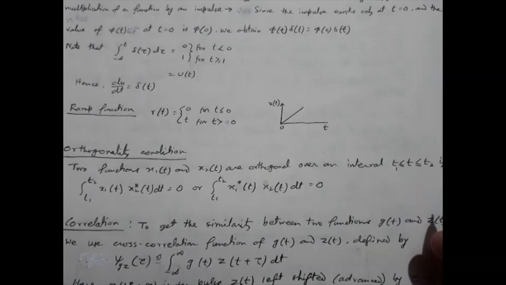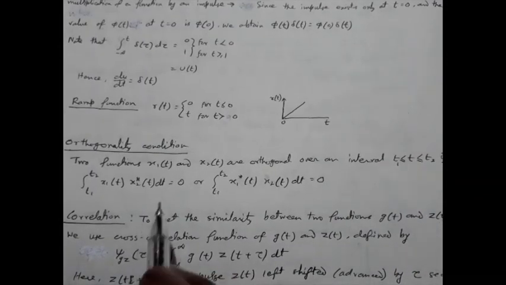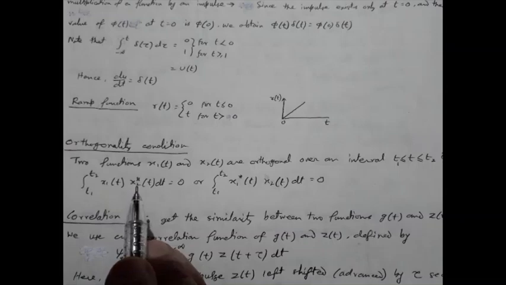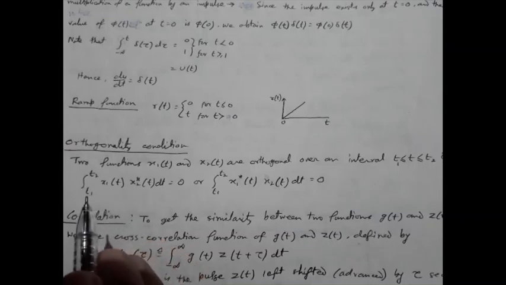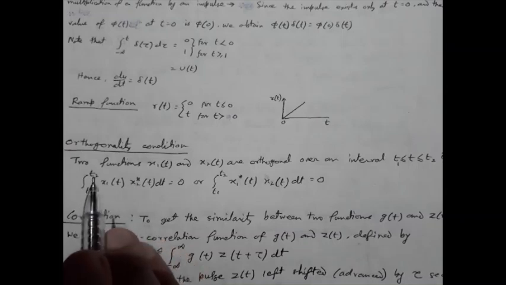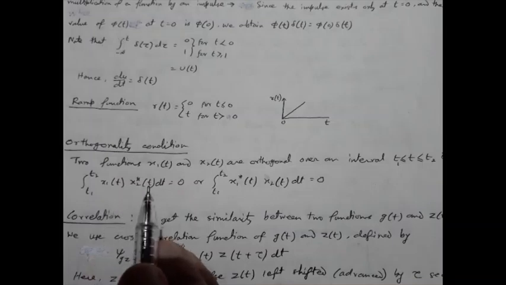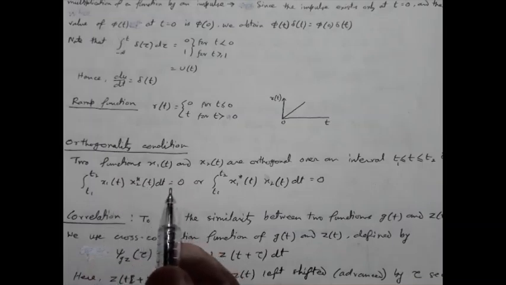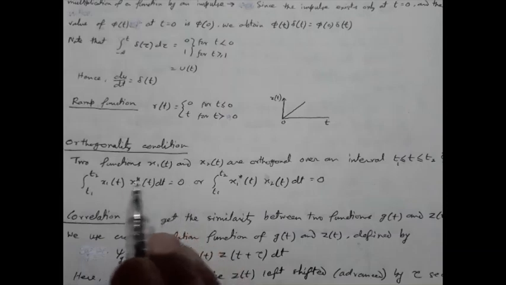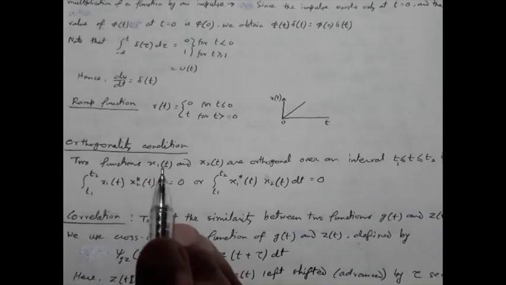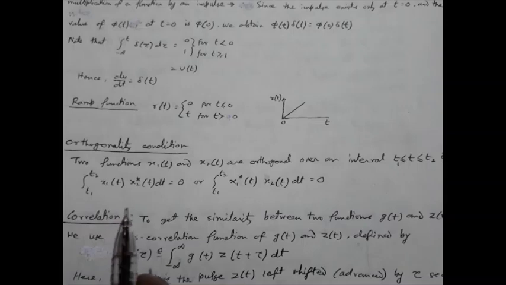Now let us consider the orthogonality of the signal. If we have two signals x1(t) and x2(t), then if within a certain period of time t1 to t2, the integral of x1(t) multiplied by the complex conjugate of x2(t) dt is equal to 0, then these two signals x1(t) and x2(t) are said to be orthogonal in nature.